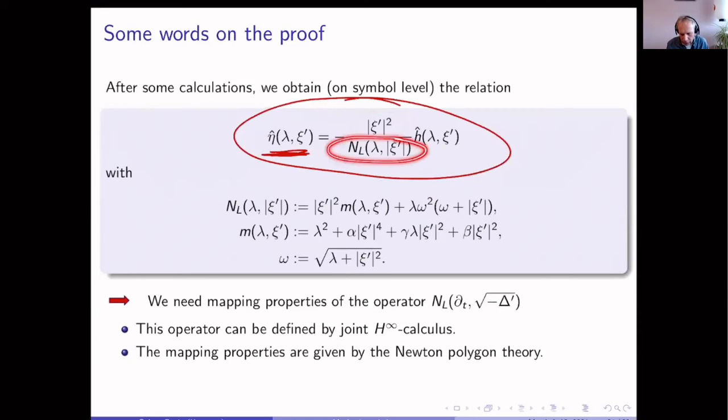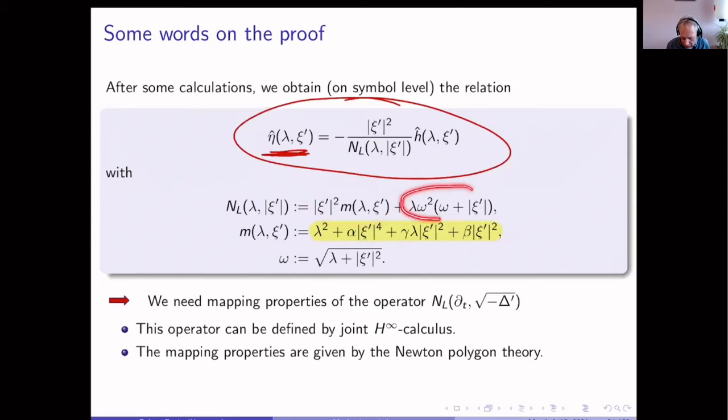But here we have some more complicated expression, and I've written it down here. So essentially this is the symbol of my plate. This corresponds to the plate equation. We have second time derivative, Laplace operator, and our strong damping. And this is, by the way, always a lower order term. And so this symbol of the plate operator is multiplied by psi prime squared.